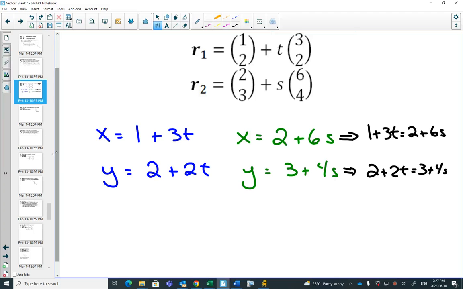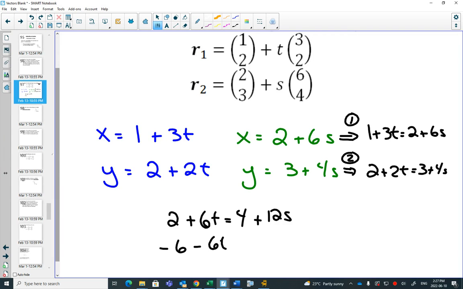Can you see that if I take equation, I'll call it 1, and I multiply everything by 2, I would get 2 plus 6t equals 4 plus 12s. And if I took equation 2 and multiplied everything by negative 3, I would get negative 6 minus 6t equals negative 9 minus 12s.